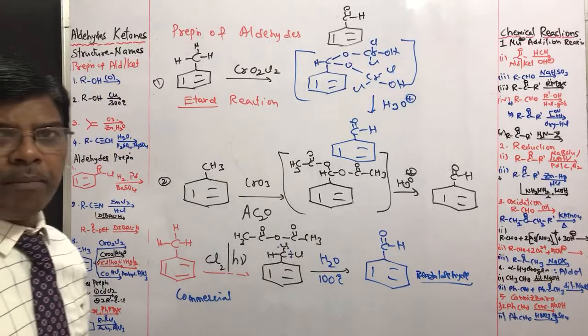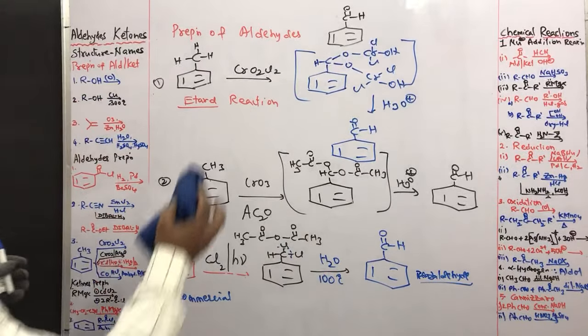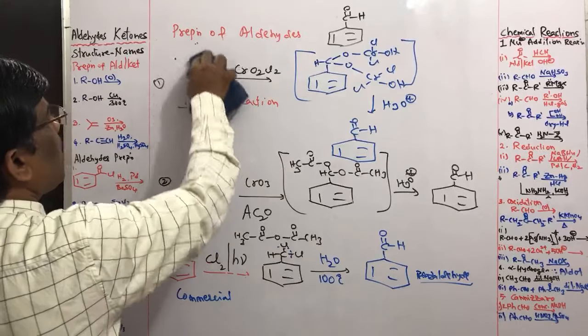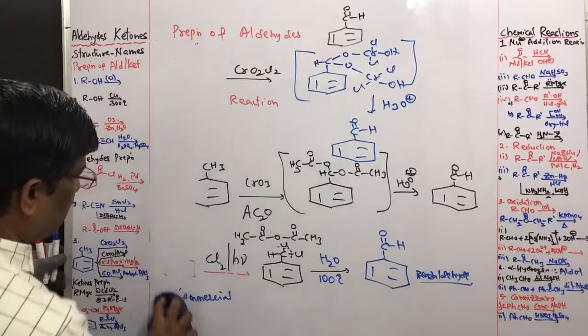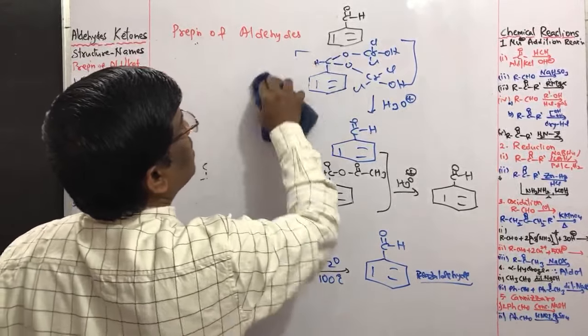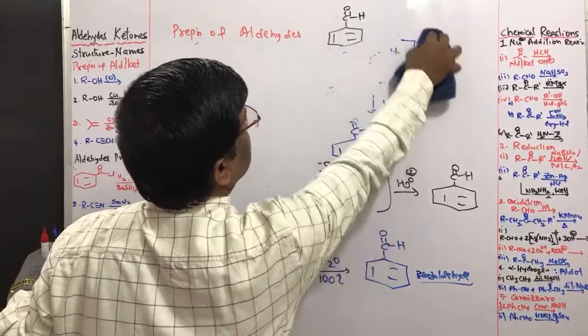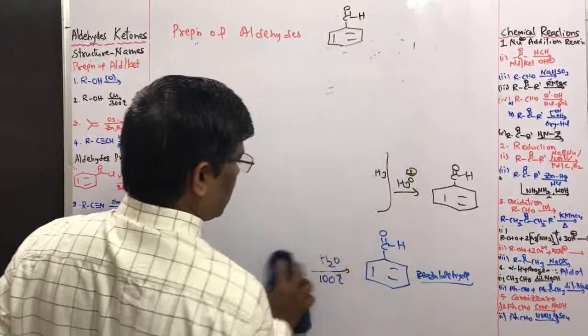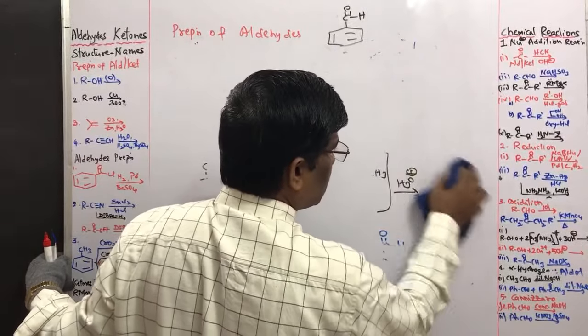And one more very, very important name reaction under the preparation of benzaldehyde is Gattermann-Koch formylation, or aldehyde preparation. What is the Gattermann-Koch reaction? Anyone?